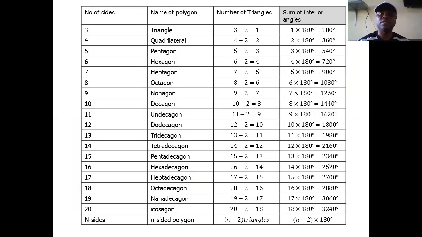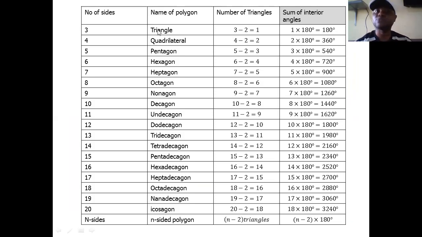Boom! Here it is. As you can see on the table, there is a unique pattern. Watch this. We have the number of sides, the name of the polygon, the number of triangles, and then the sum of the interior angles.